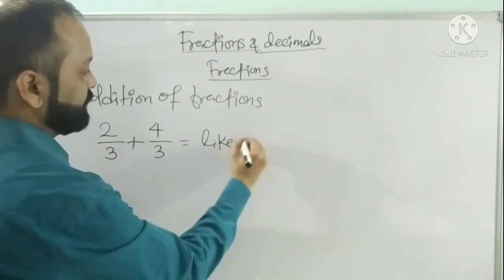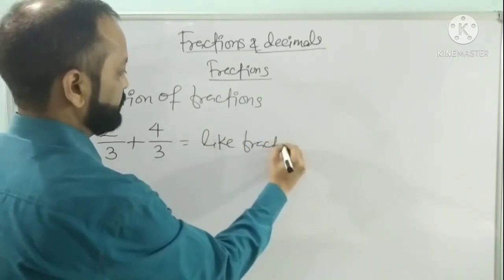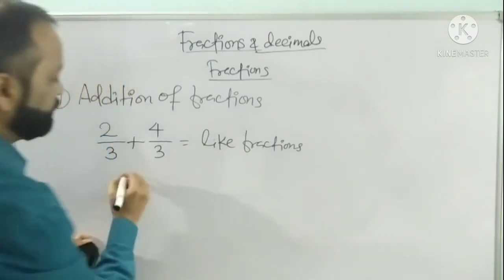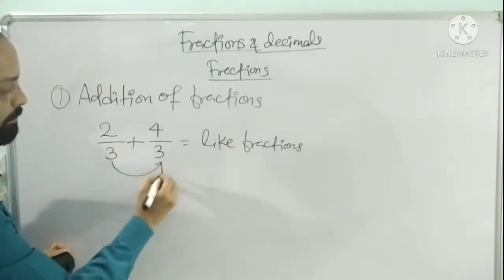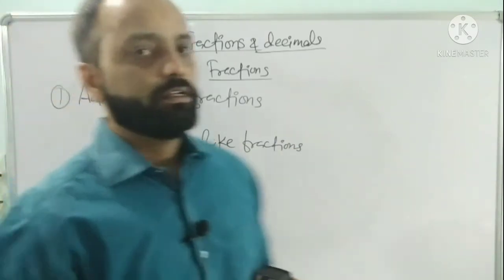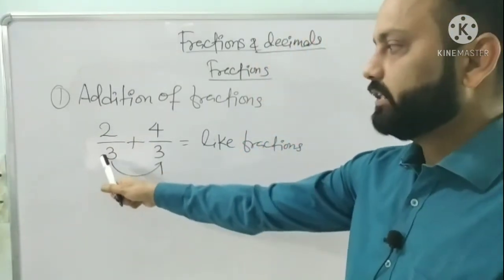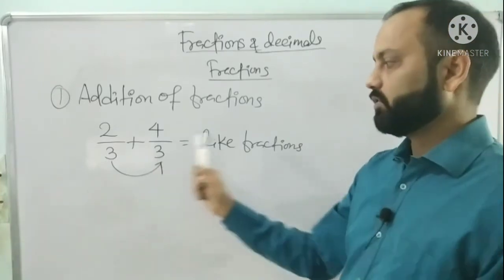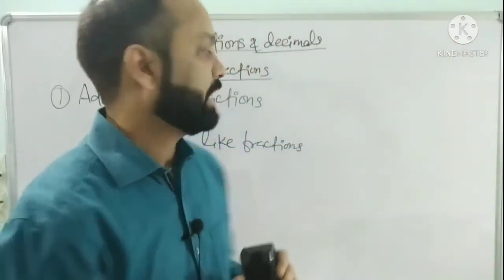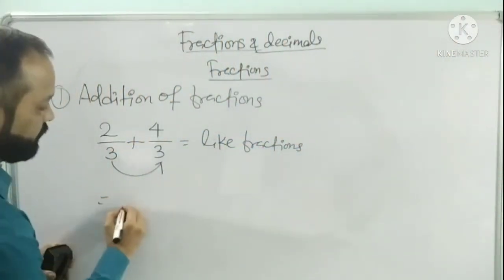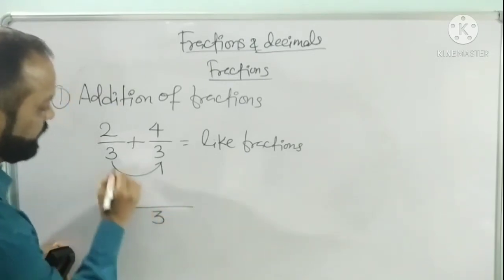We call it like fractions. Why? Because the denominator is same. So whenever you are finding the addition like this, where the denominators are same, this is called like fraction. Now in like fraction, when we solve it, this is very simple.